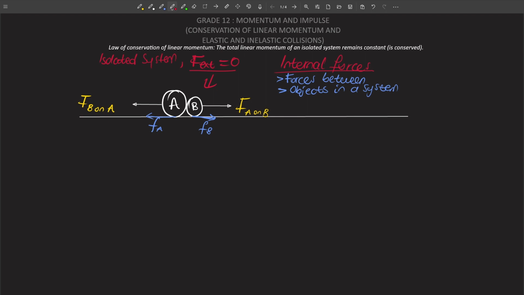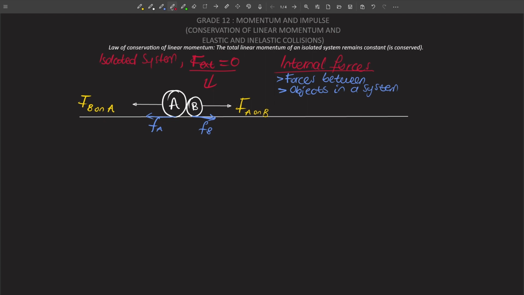If a net external force acts on a system of colliding bodies, the total momentum of the system will change during collision. Something you should pay full attention to. If we ignore all the external forces, then the total momentum of the system will not change. This means the total momentum of an isolated system will not change during the collision.